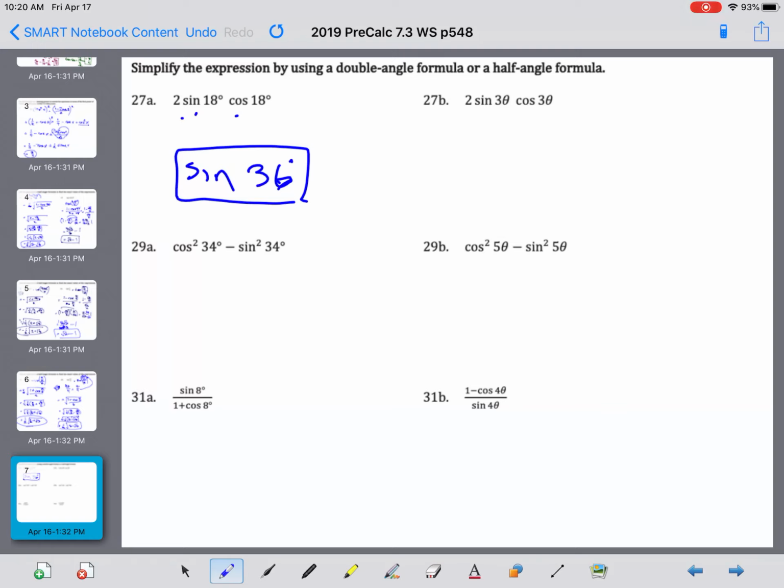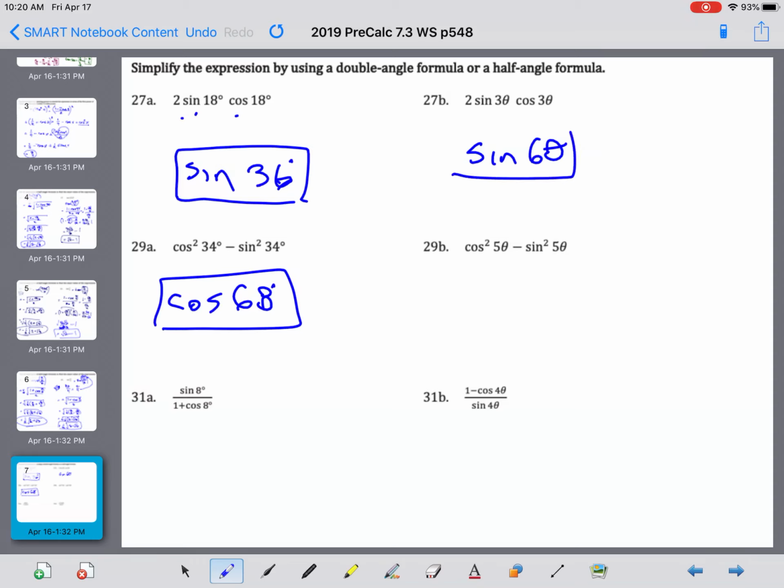Same thing here, so this would be sine double the angle. Over here, this is an example of the cosine double angle formula. So cosine double. Again, cosine double.